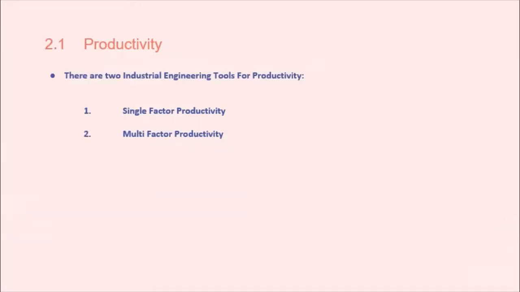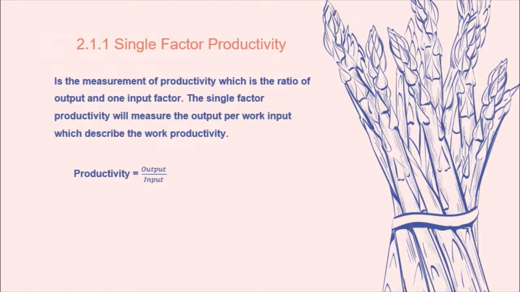Okay, so productivity consists of two methods, which are single factor productivity and multi-factor productivity. For the single factor productivity, it measures productivity, which is the ratio of output and one input factor.